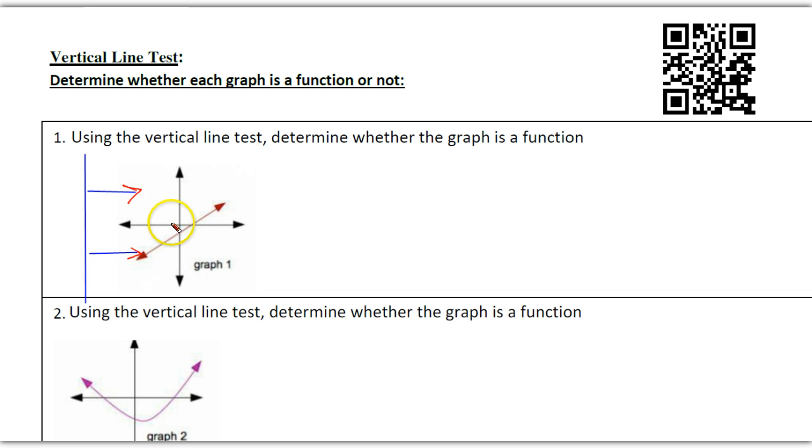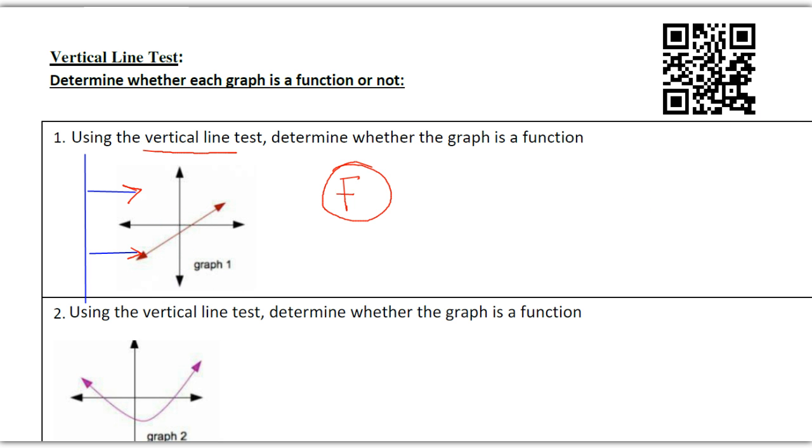Again, this blue line, as it comes over, it's only intersecting in one place. So we say it has passed the vertical line test, and this is a function. This is a graph of a function.